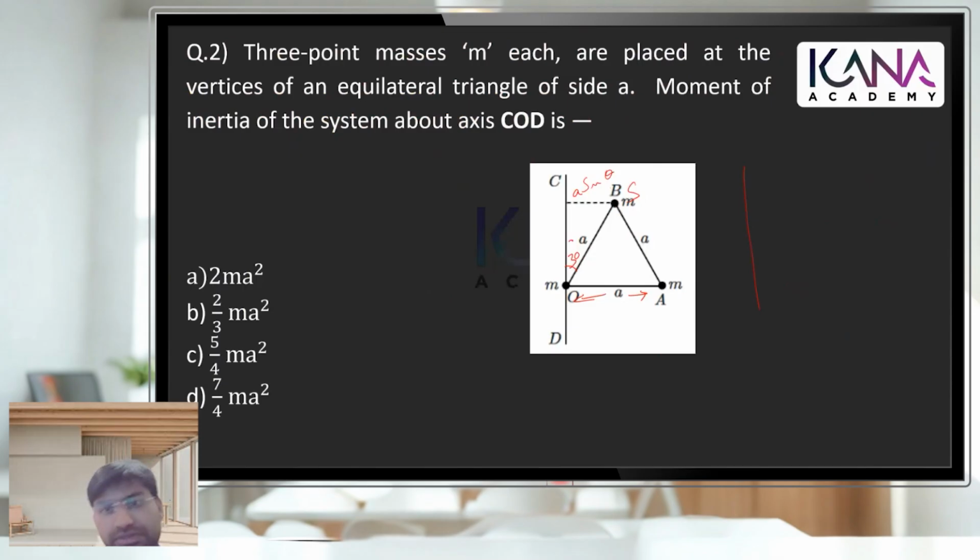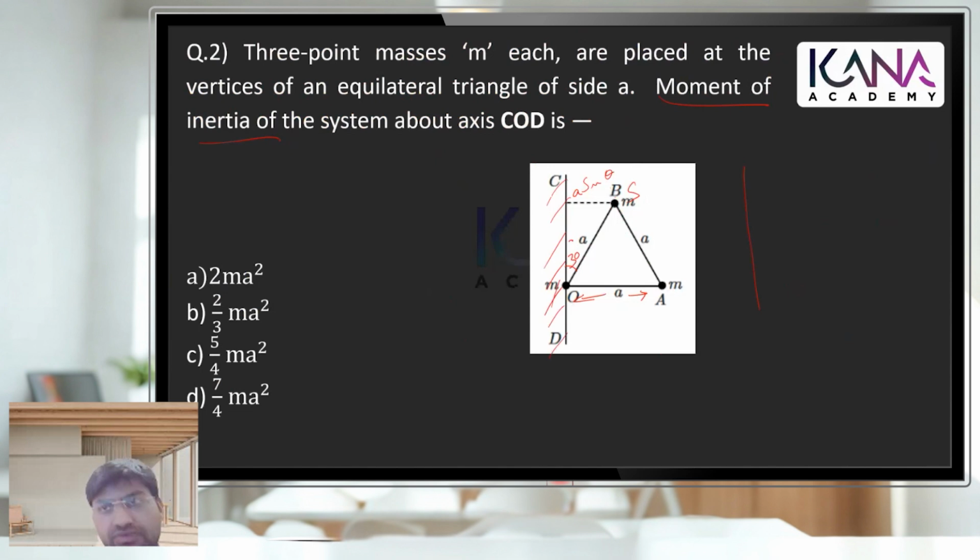So there are 3 masses at the points A, B, and O. They are the vertices of an equilateral triangle of side A. Then we need to find the moment of inertia I about the axis COD. So this is the axis.